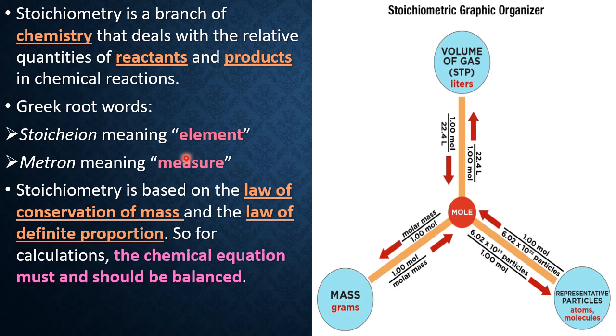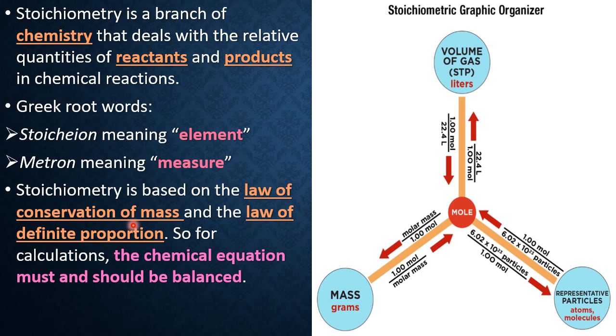Law of definite proportion, because in every compound, the proportion of elements is fixed. So first mass is fixed, proportion is fixed. These two laws are very important for stoichiometry, and this is the heart of chemistry. Like how the mole is an important concept, stoichiometry is also one of the important concepts in chemistry.